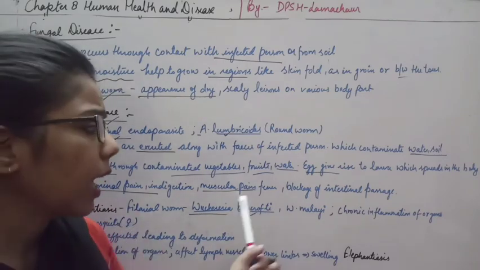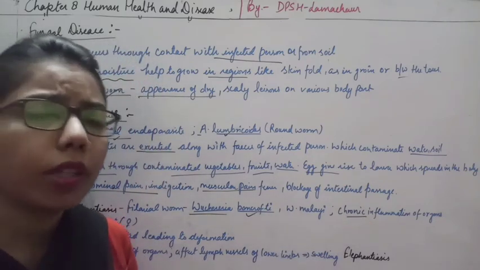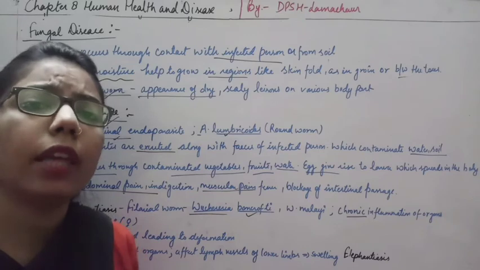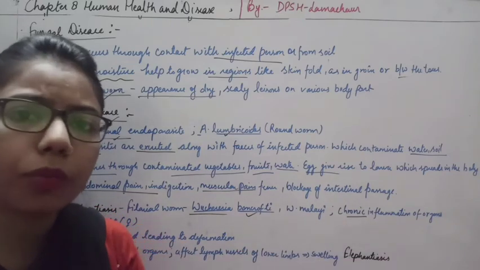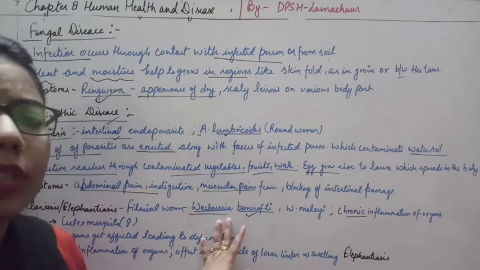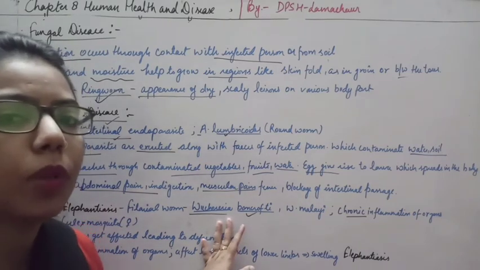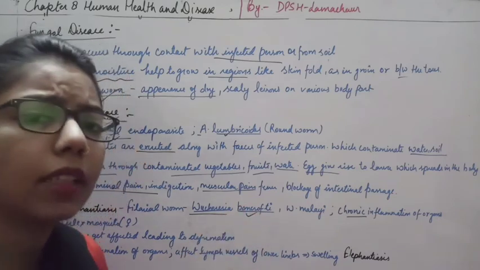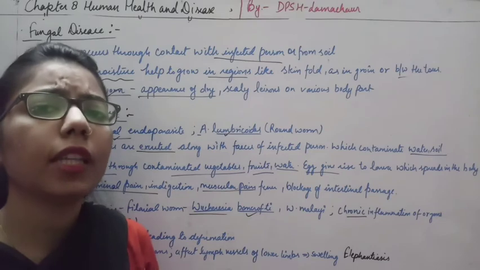Elephantiasis disease. And in this disease, what happens? Chronic inflammation. What is the meaning of chronic? It means lifelong there will be swelling in a part or organs of the body. You must have seen pictures in your book or somewhere else, that the limbs or lower limbs of the body get swollen.